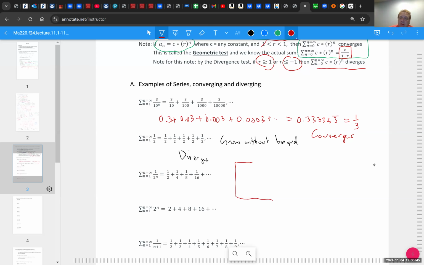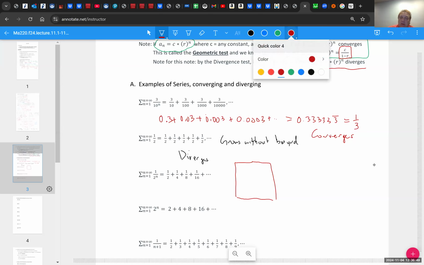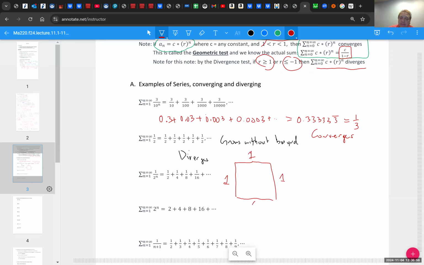So I'm going to make a square, and the side length is going to be 1. So it's 1 by 1. That's my square. Now I'm going to take the midpoints and connect all of them. Since those are the midpoints, I'm going to get another square with exactly half of the bigger area.